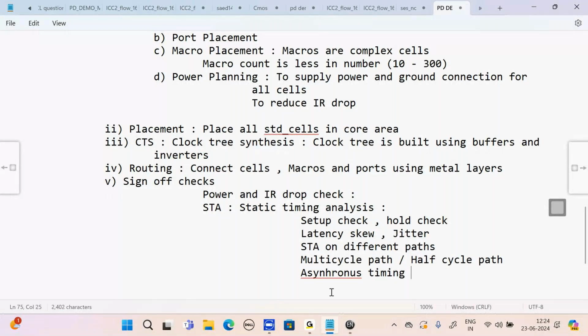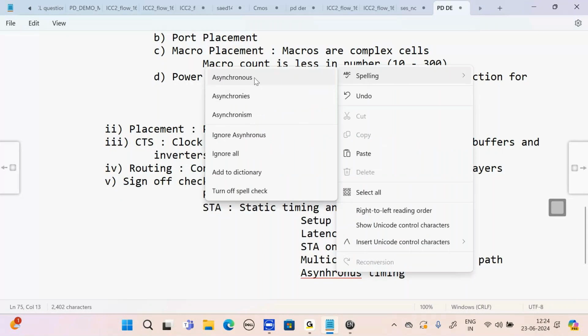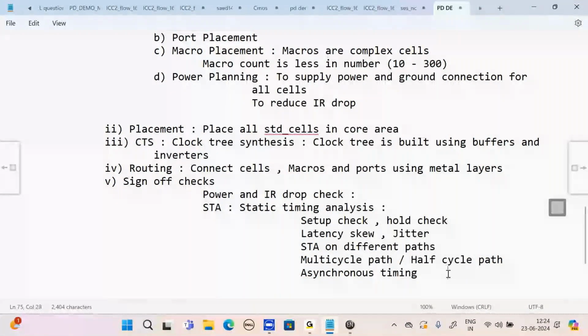STA is applicable only for synchronous designs. It is not applicable for asynchronous designs. So how to handle asynchronous designs? Like reset, if you have reset, what is recovery and removal checks? So all those things we see in STA.